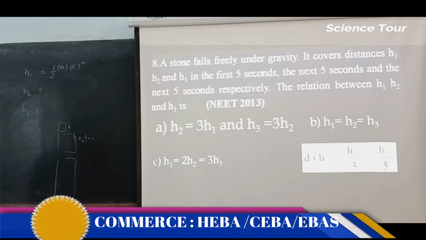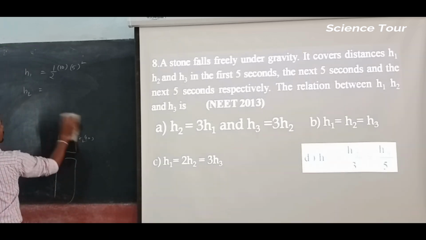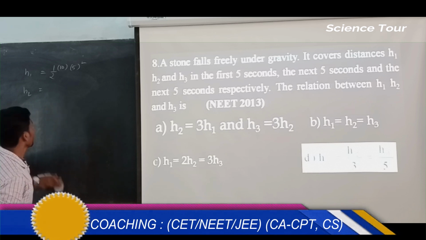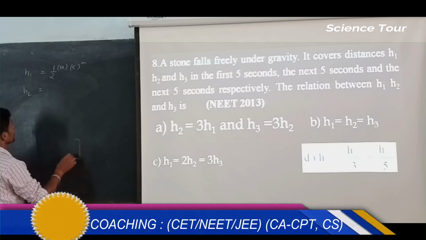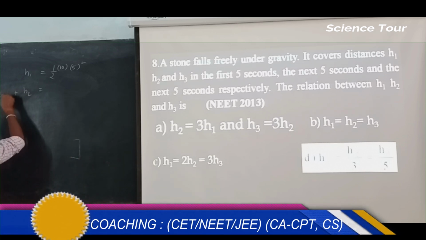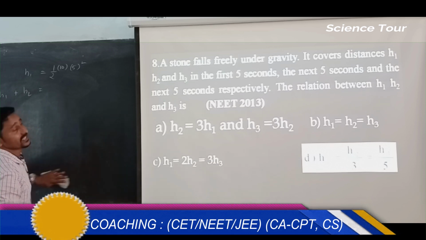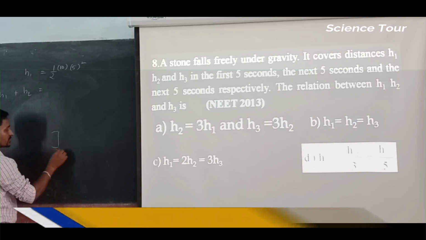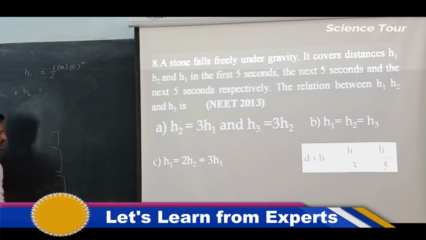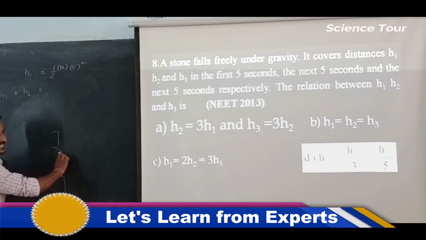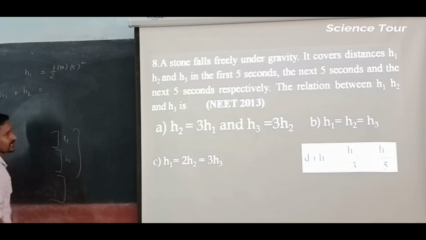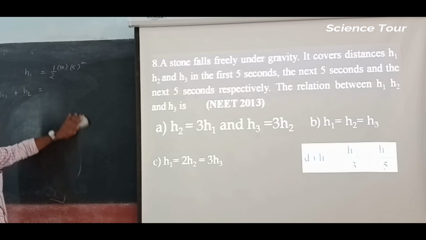The next 5 seconds alone means h2, but h1 plus h2 is in 10 seconds. So I can write h1 plus h2 in 10 seconds as the total distance.